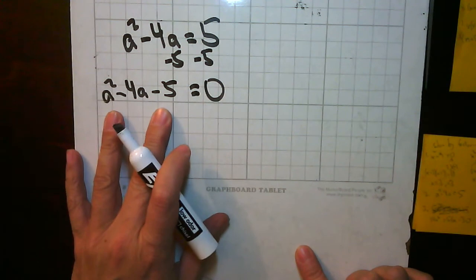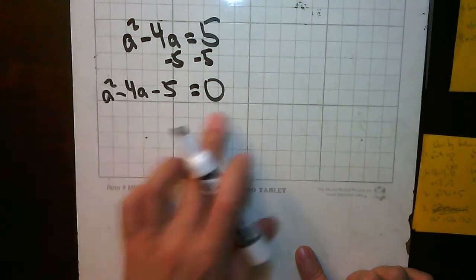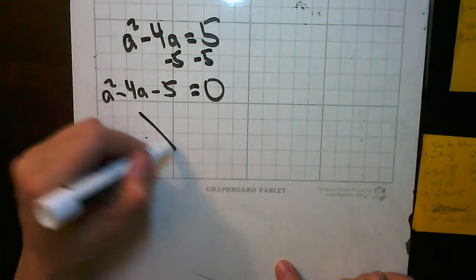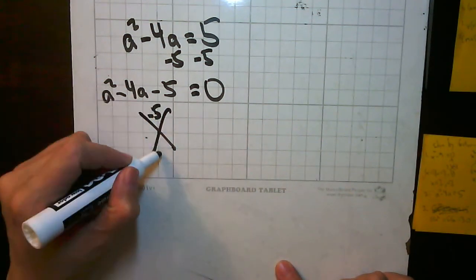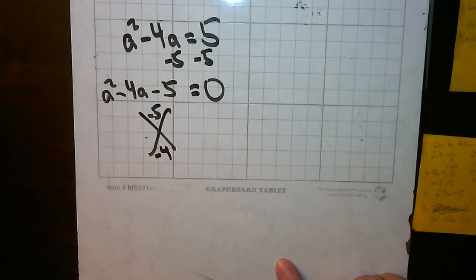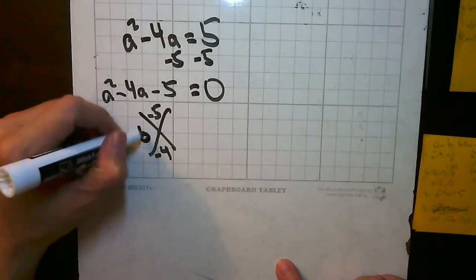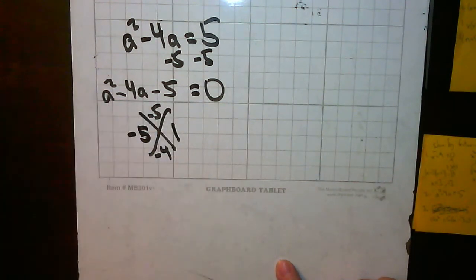And now that we have our quadratic here on the left and we have the 0 property, we're going to use the 0 property. So we're going to get our factors now. I got negative 5 and negative 4. My factors here are going to be 5 and 1, negative 5.